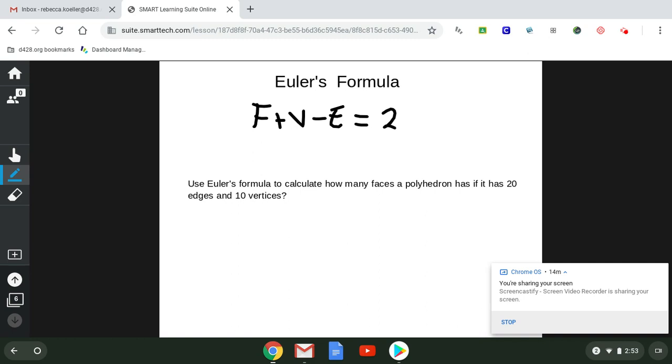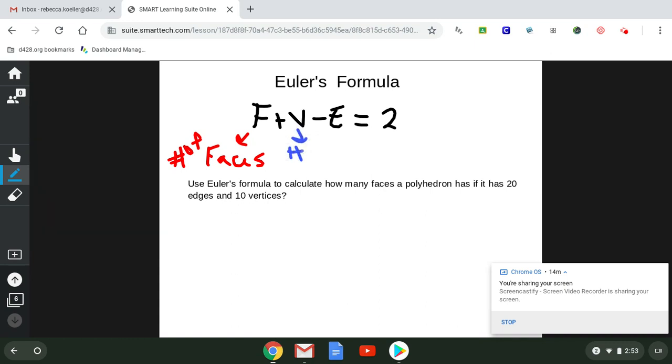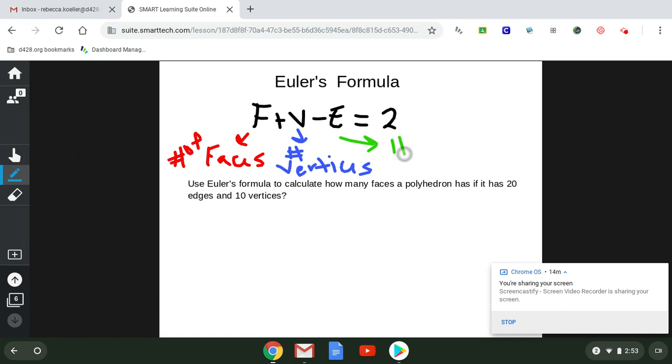Okay, so you might want to write down that F is for number of faces, V is for number of vertices, and E is for number of edges.